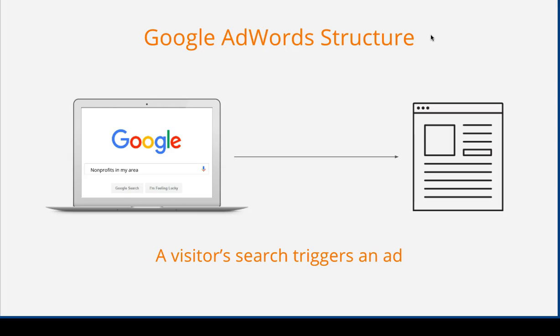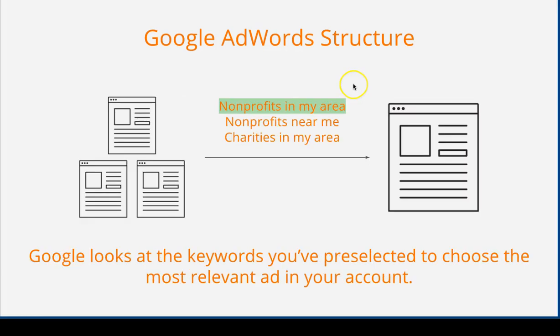Let's look at some more of the structure of Google AdWords. So now we're looking at the keywords in this hypothetical AdWords account. And it's interesting if we take a note that there are 3 different keywords here: nonprofits in my area, nonprofits near me, and charities in my area.